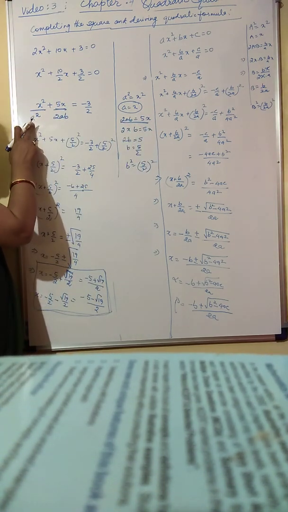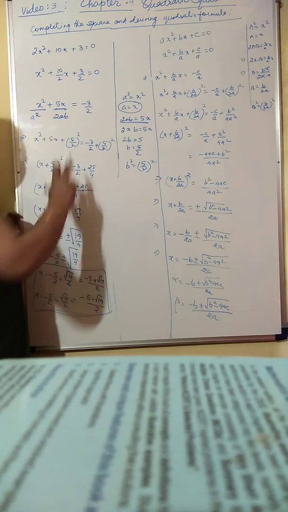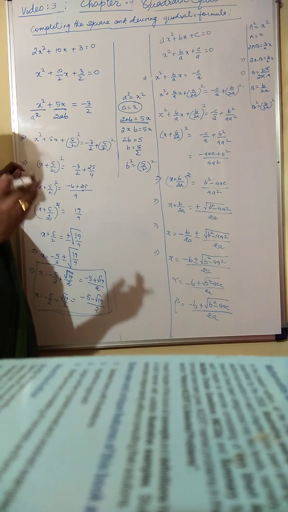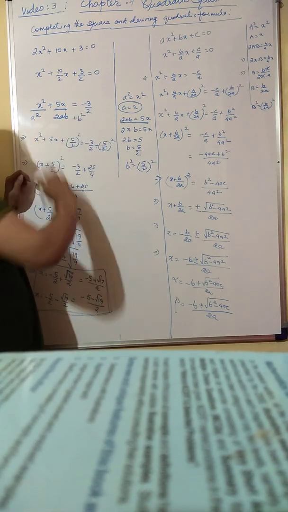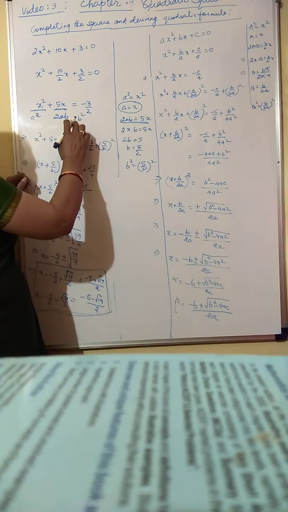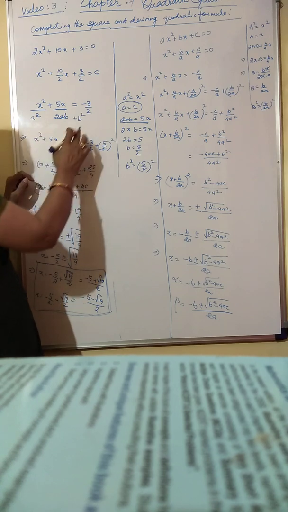The first term is always the a square term, the middle term is always 2ab. And now to complete the square, we know that we require a third term, which is b square. So we are now looking for the value of b which will complete the square of LHS.